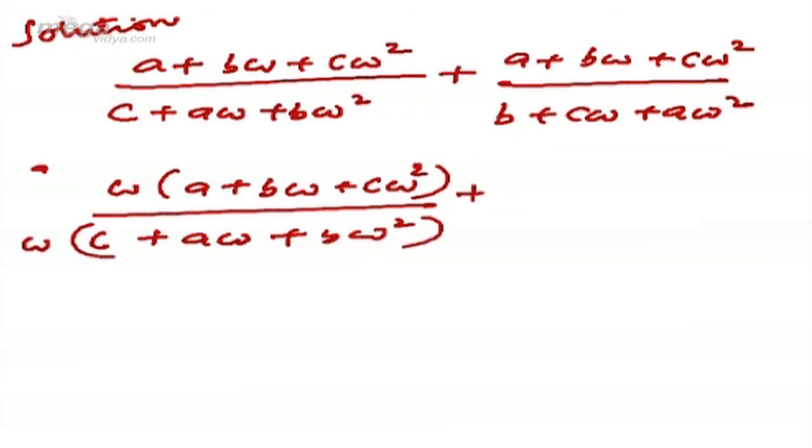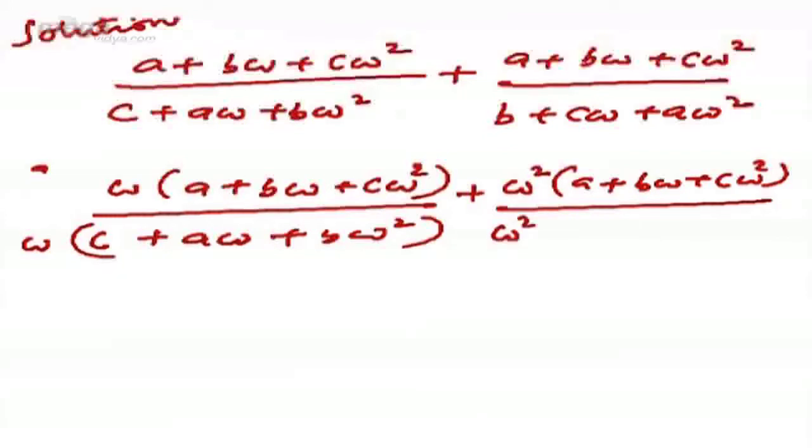And let us multiply by omega square in the numerator and denominator of the second term, that is ω²(a + bω + cω²) divided by ω²(b + cω + aω²).